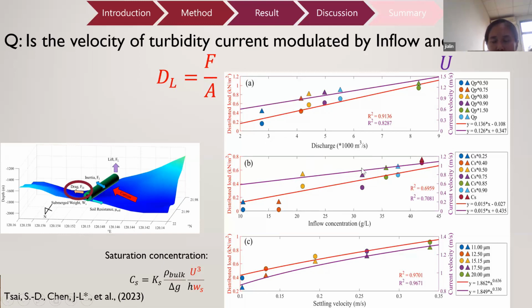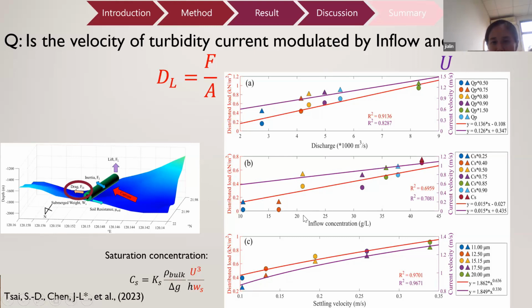So basically, we found that the concentration is actually not very important, because when the concentration is below 20 grams per liter, we can see the current velocity is nearly zero, and also the distributed load on the cable is nearly zero, so it won't destroy the subsea cable.